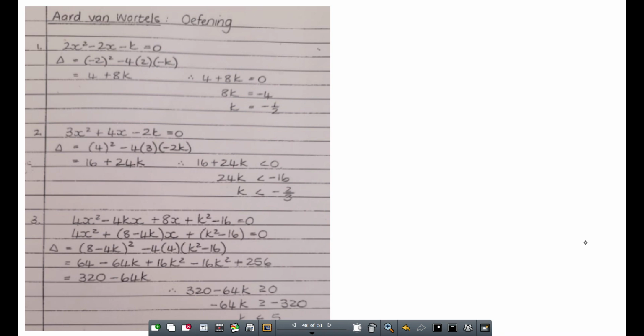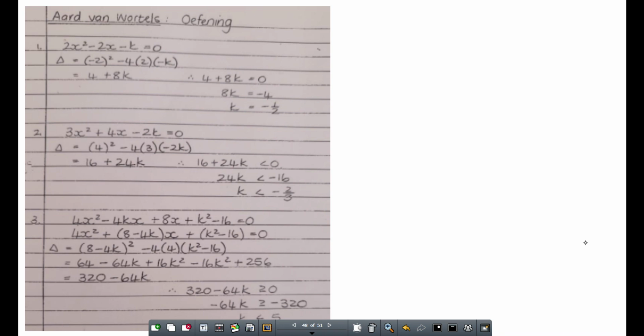Nommer 1 sê vir jou, for which values of k will the following have equal roots? Okay. Nou, ons weet, okay, ons gaan kry gou eers vir delta, né? Delta is mos nou b kwadraat minus 4ac. So if I simplify that, I'm going to get 4 plus 8k.